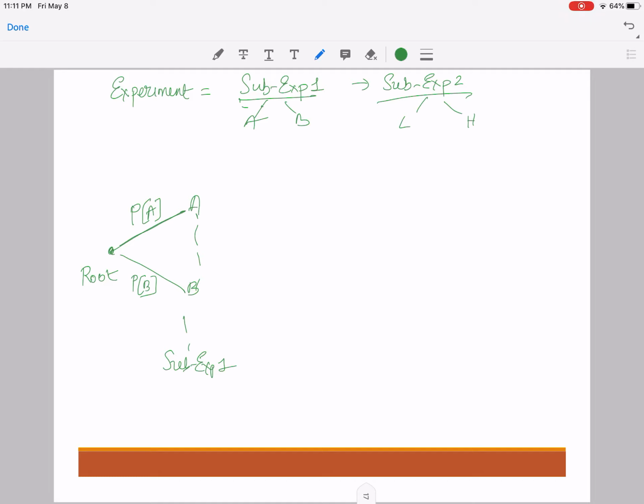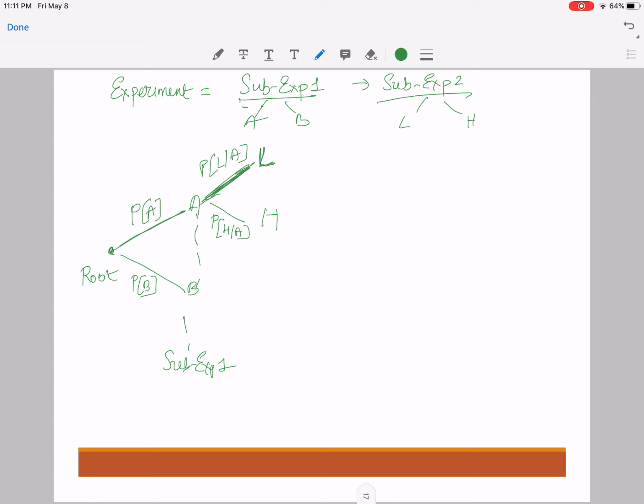When I perform sub-experiment 2, I can get either an L or an H. This branch will be labeled with the probability of getting an L given that I got A first, and this branch will be labeled with the probability of H given that I got an A.